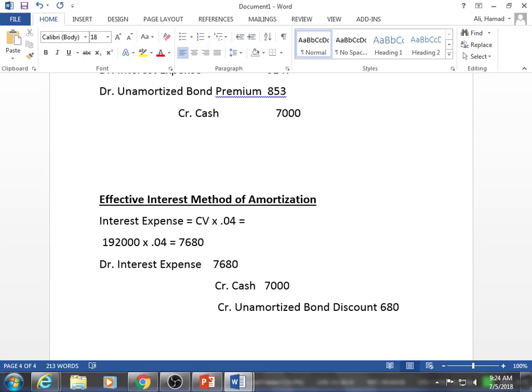Now, for the next interest payment, you have to update your carrying value. Remember, we said the carrying value under discount is going up.